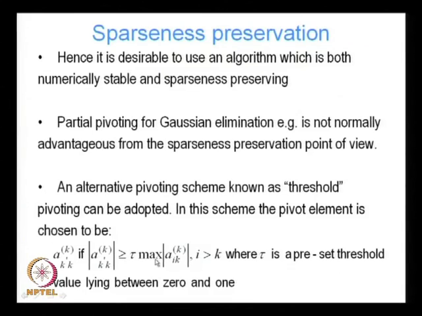So basically for partial pivoting we would choose the maximum of a i k, i greater than k. That is what we would choose for full partial pivoting. But for threshold pivoting we are saying that we do not have to choose this maximum value, we can choose a value which, if tau is equal to half, is half this maximum value.